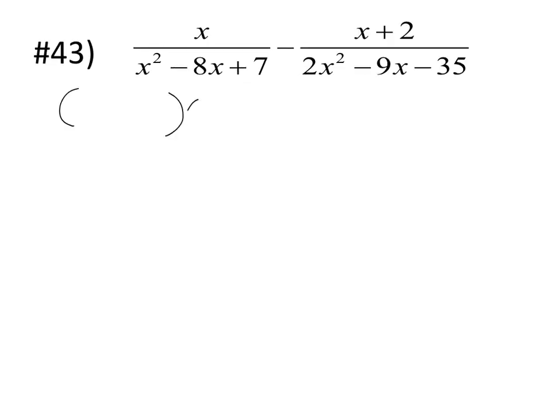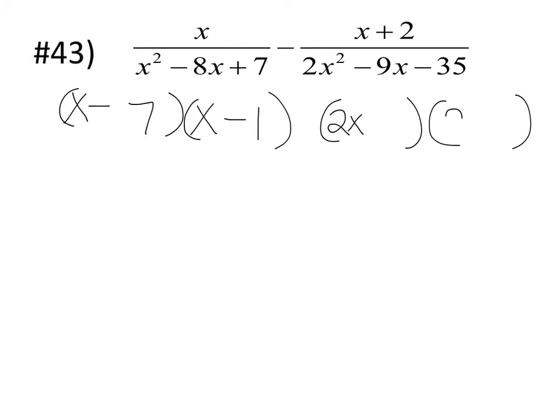Okay, factor each denominator. So this is x and x, minus, minus, 7 and 1. And then over here you've got 2x and 2x, minus, plus, factors of 70 that give me 9, 14 and 5.